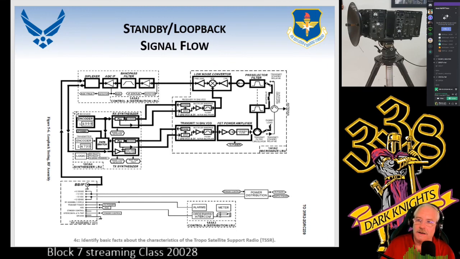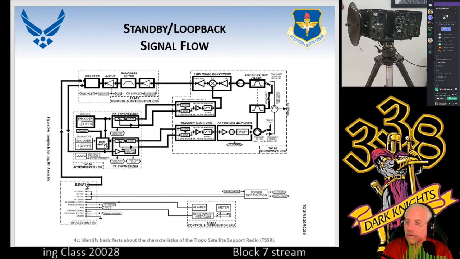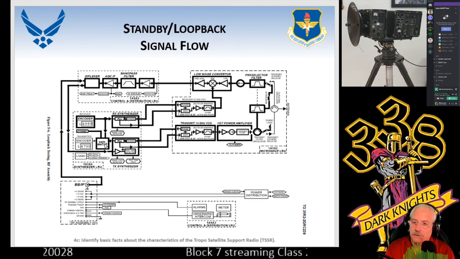Overall, the big thing is this standby switch right here between the receiver encoder and transmit encoder goes to the data switch. Well, why in the world would we have that controlling the data switch? Well, remember we told you about frequency diversity, and our transmit frequency has to be 200 megahertz above or below the receive frequency?